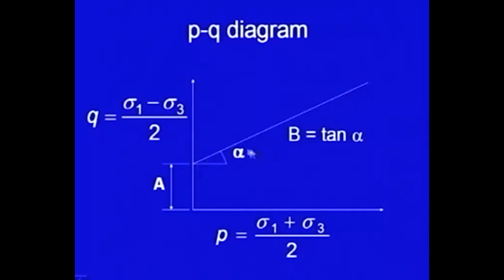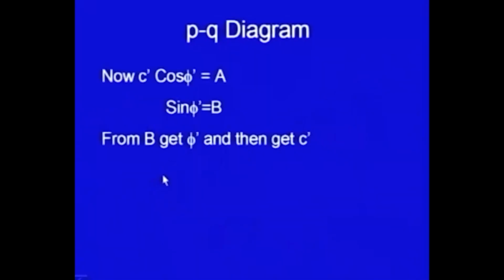You can find out its gradient and its intercept, and then you can correlate these two. The value of a will be equal to c dash cos phi dash and b equal to sin phi dash. From b you can get phi dash, and then from the first equation you can get c dash. So, it is a better way and mathematically a simpler way of getting c dash and phi dash.